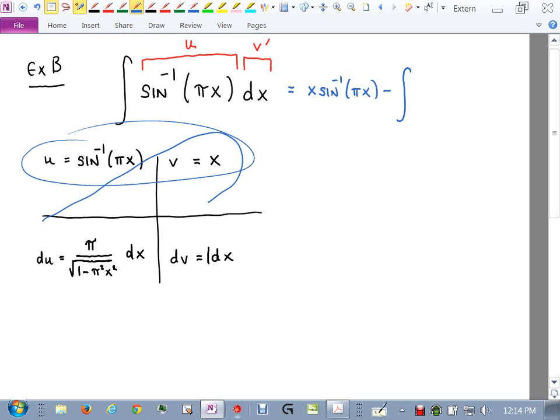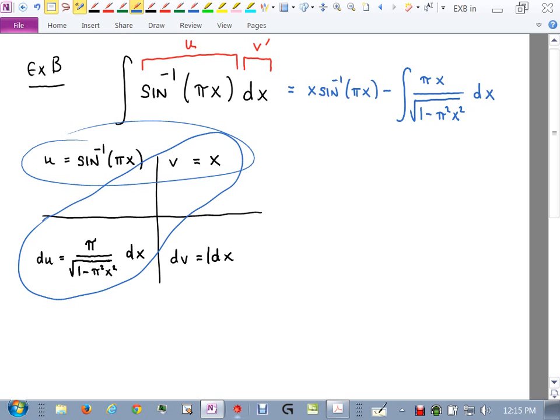Voodoo is this way. So what happens when I multiply this x times this fraction? It appears on the top, doesn't it? So I have integral pi x over square root of 1 minus pi squared x squared dx.